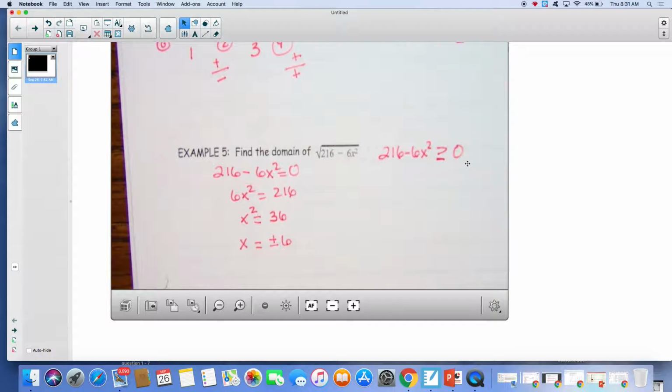Square root both sides, we get plus or minus 1. Did you mean 6 or 1? You said plus or minus 1. Yes, plus or minus 6. Sorry.